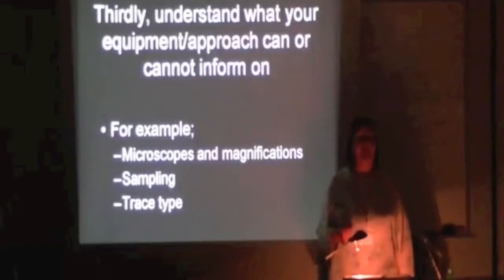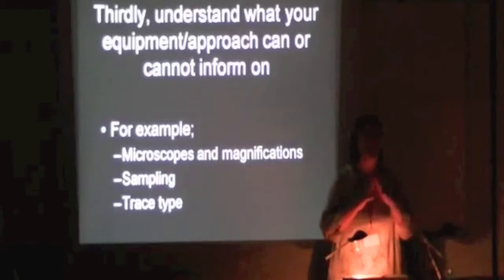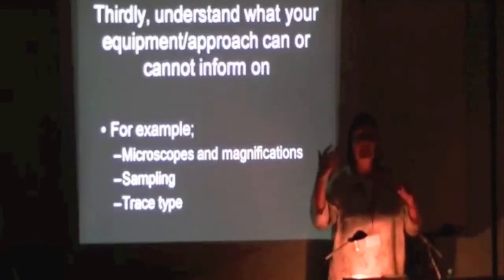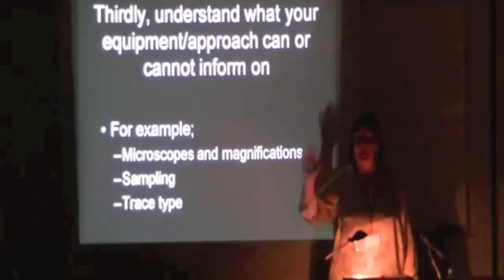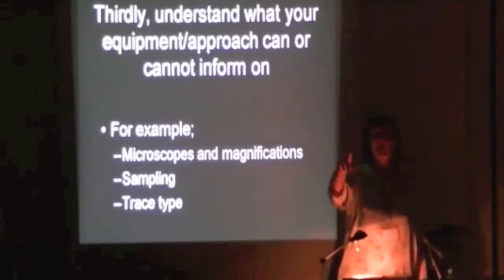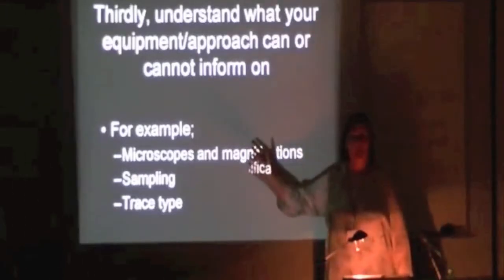For example, our microscopes and magnifications. What I see looking at something at 20 times, 40 times, even 100 times, is completely different than what I see when I look at 1,000 times. Or yesterday, one of you demonstrated a microscope up to 5,000 times.